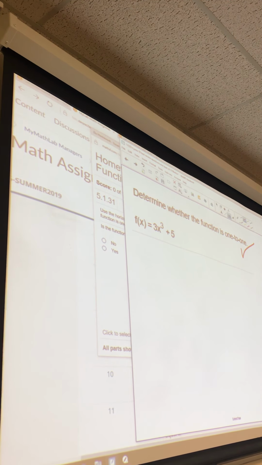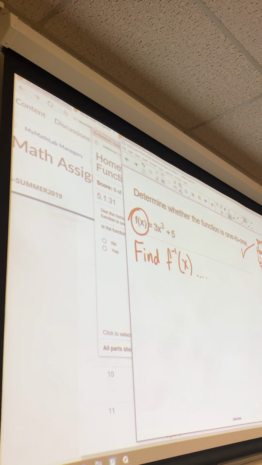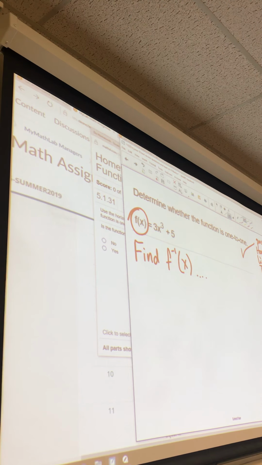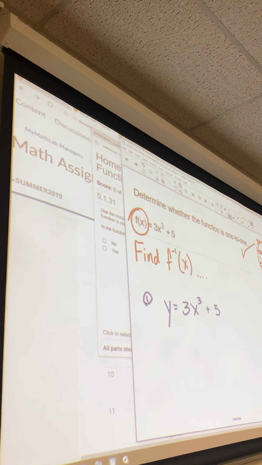So then, if we want to find the inverse, we would first replace the left side, the function notation, with the y equal. So y equals 3x cubed plus 5. So we put the y back into the problem so that we can do what next?